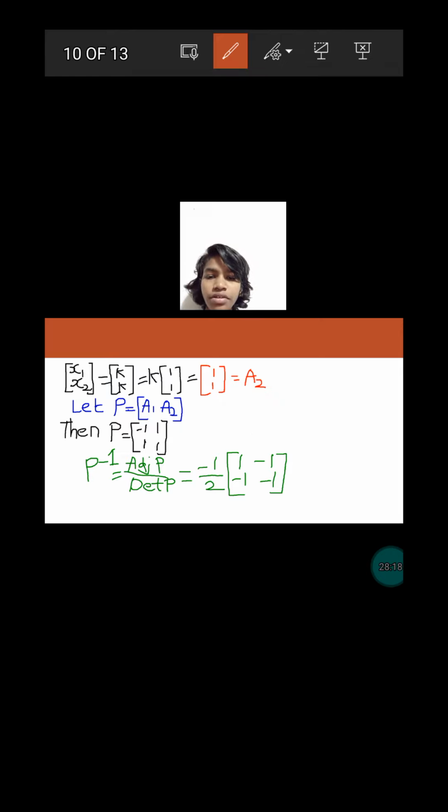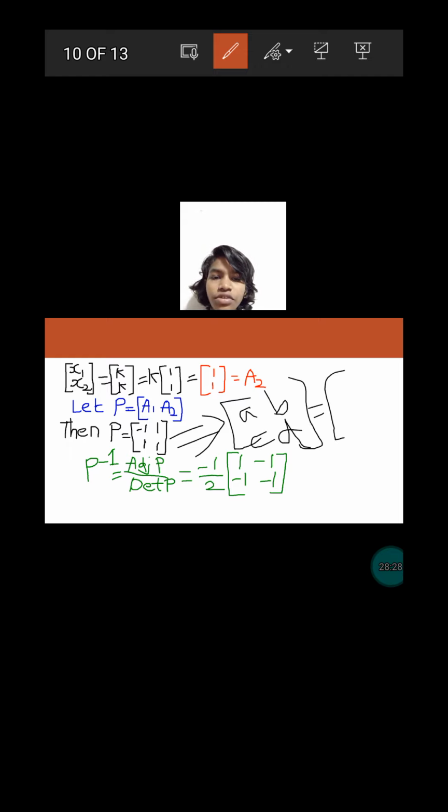And then adjoint P. For a 2 by 2 matrix, if it is in ABCD format, then its adjoint is D, A, with just the signs of B and C changed.